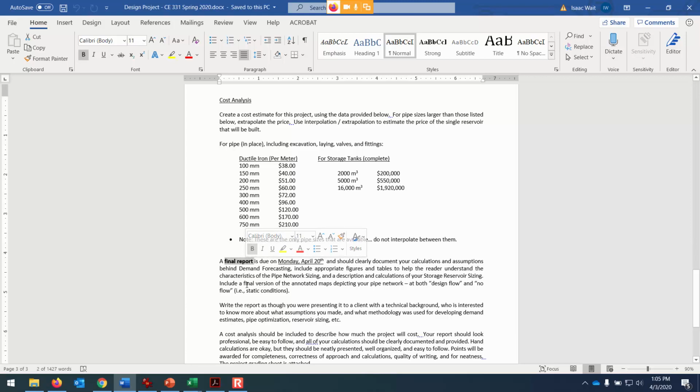Now, in addition, the final report is going to include the cost analysis part. So what you need to turn in on Monday is just the reservoir sizing, not the cost analysis. And so the final report is going to be like an updated phase 1. So it's an updated demand forecasting, an updated network map, an updated reservoir sizing if I gave you any feedback on that, and then also the cost analysis. Does that answer your question, Jeffrey?